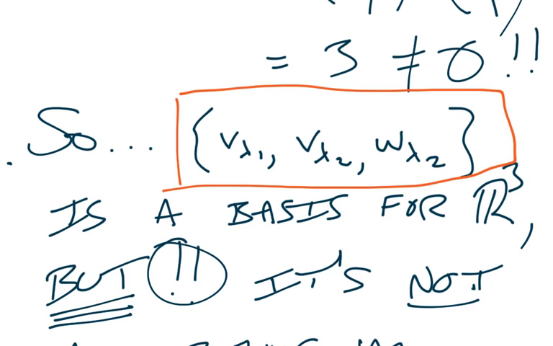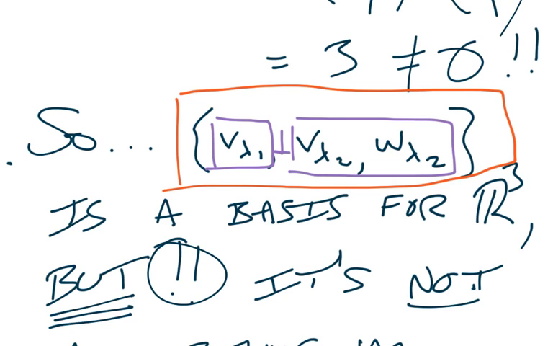Notice that in terms of orthogonality, v lambda 1 is already orthogonal to both of these. So v lambda 1 relative to the other two vectors is not the problem. All we need is to force these two to also be orthogonal. That's where our problem exists right now.